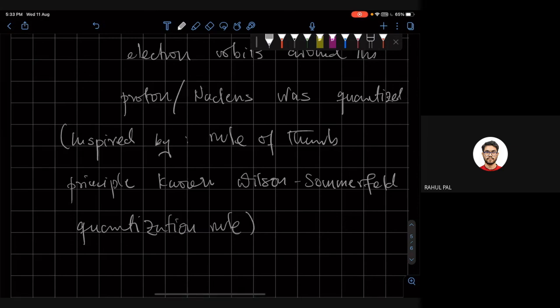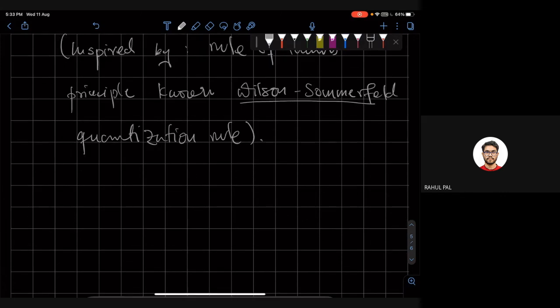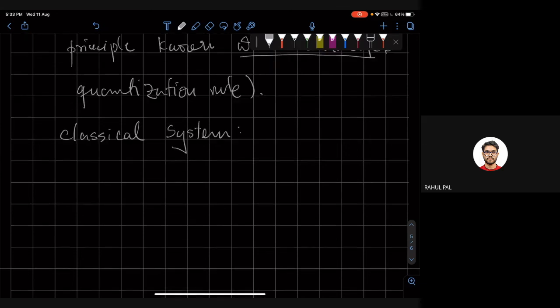And what Wilson and Sommerfeld said was that suppose you have a classical system, okay, and you want to find some sort of quantum version of it. We know that for a classical system, we have something called a phase space, right? Where you have some axes, which are the generalized coordinates, and you have some axes, which are the generalized momentum.